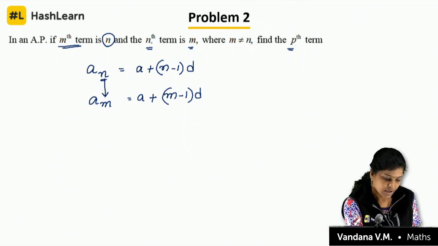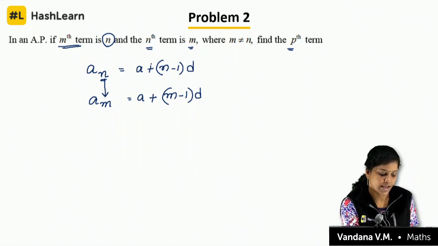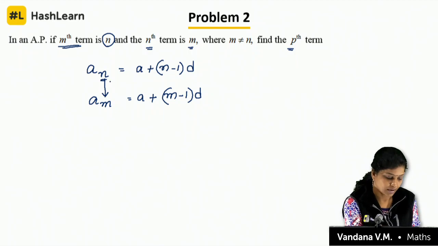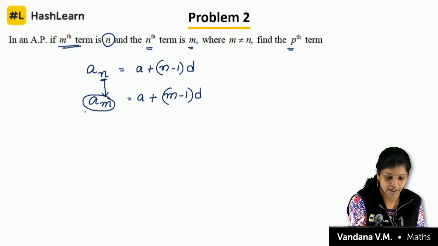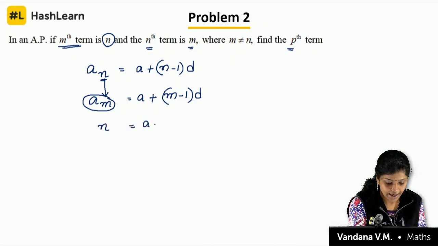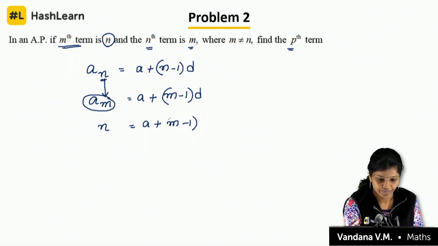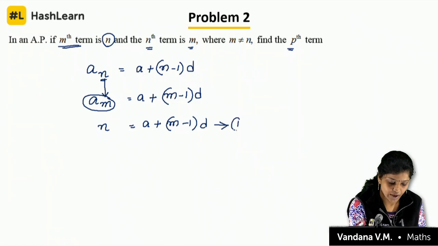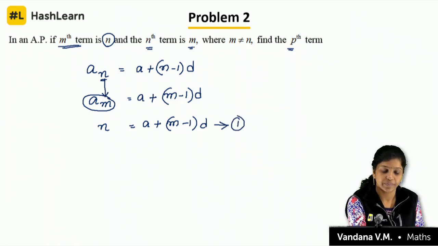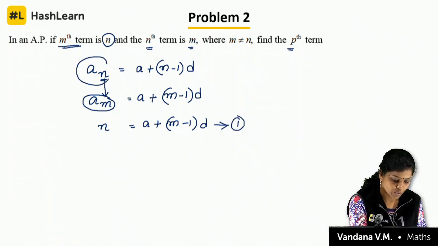Next, the nth term, we already knew what this is. But this mth term is n, they only gave. So I am removing this: n is equal to a plus (m minus 1) into d. This is your equation number 1. Next, the nth term is m, so I'll remove this term and write m.